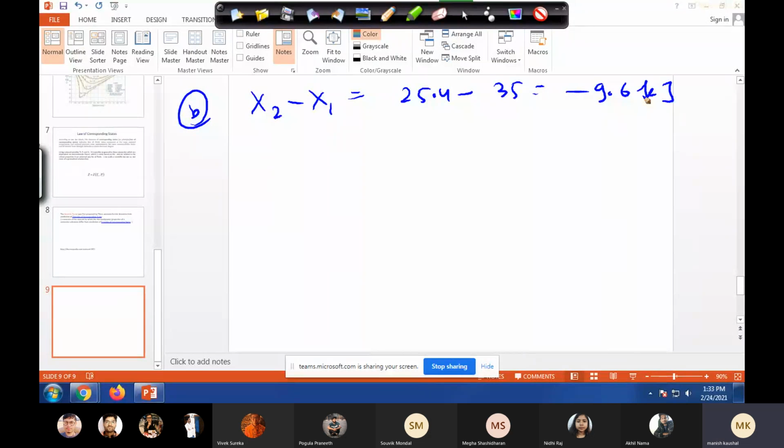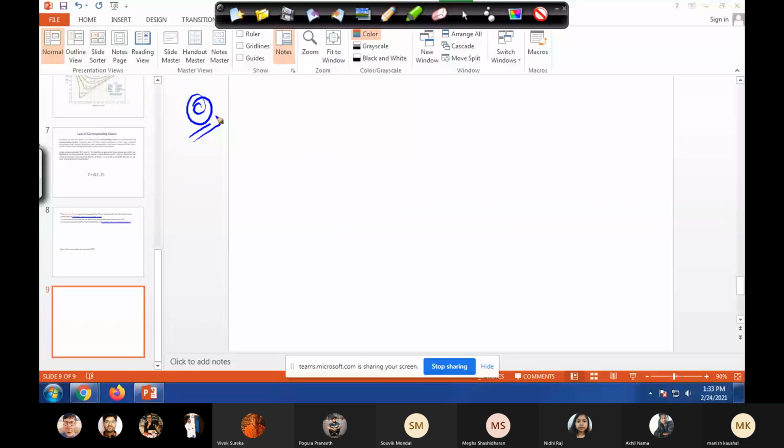Then we go to part C. In part C, exergy destroyed. So the moment you say exergy destroyed, all we need to do is an exergy balance.